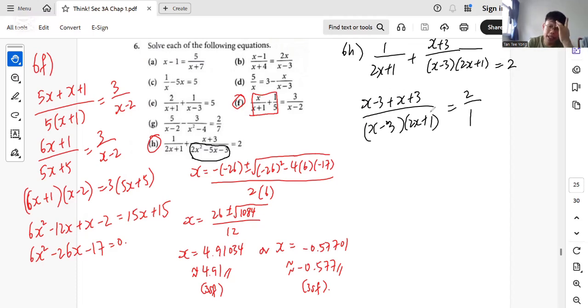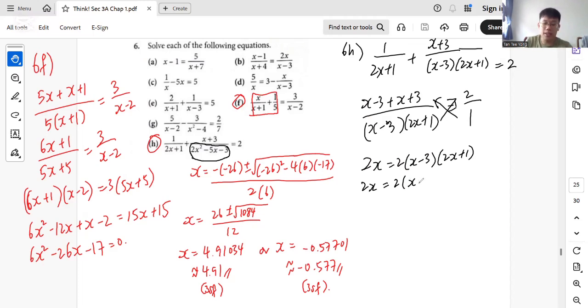So simplify the top. The top is just 2x. So let's do cross multiplication. 2x equals 2 times (x minus 3) times (2x plus 1). Simplify: 2 times (2x squared plus x minus 6x minus 3).